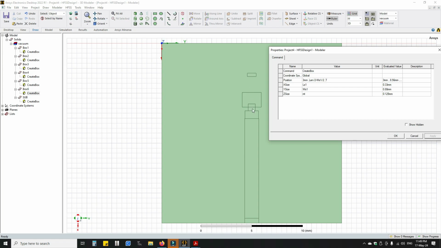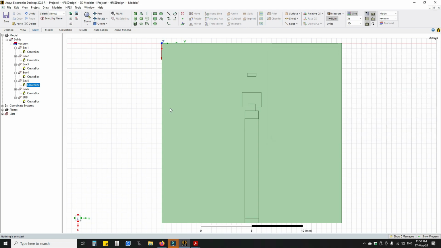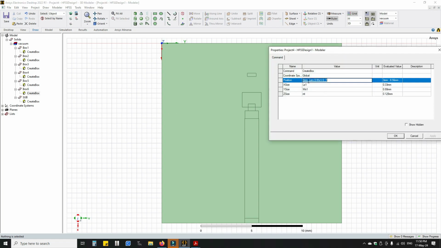Now I'm going to place the entire structure from here to here. Just go to box number 5, copy this one and paste here. Put a negative sign.